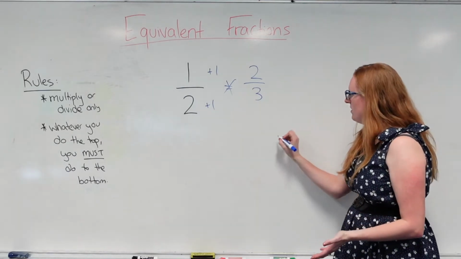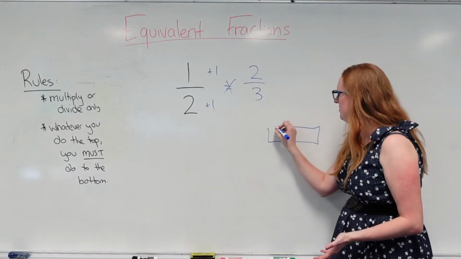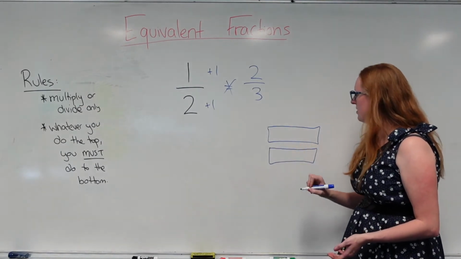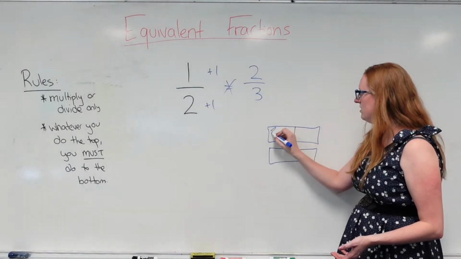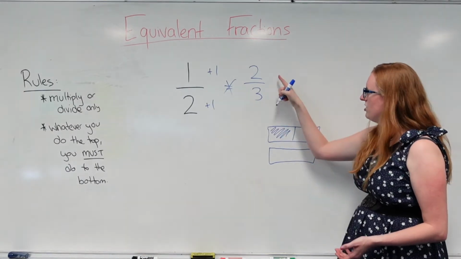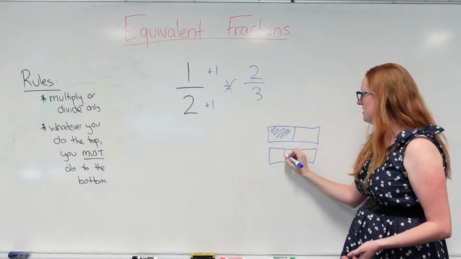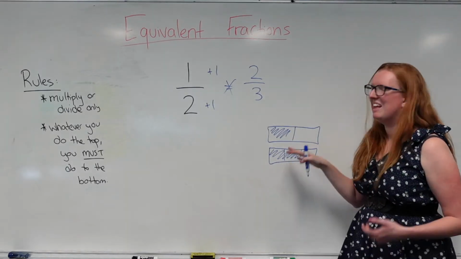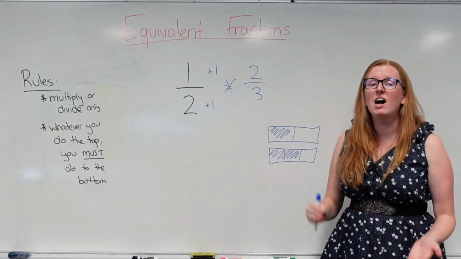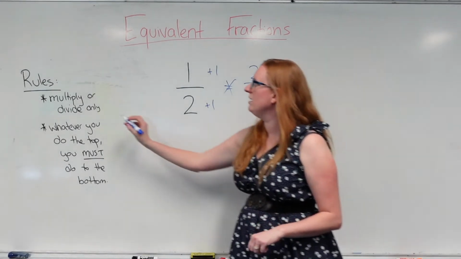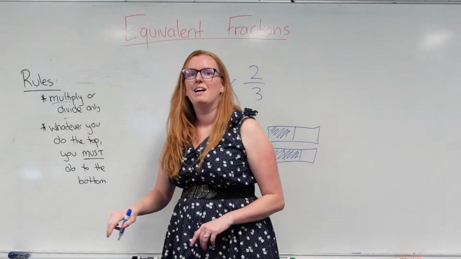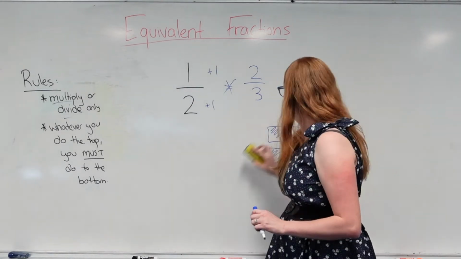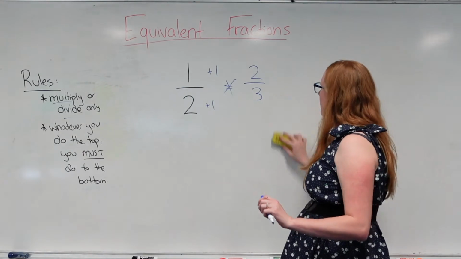So, for example, if I had a block of chocolate, and Mary has a block of chocolate, and I eat half, and then she eats 2/3, so hers is cut into 3, and she eats 2/3, 1, 2. They're not equal, okay? So you can't add and you can't subtract. You can only multiply or divide, and you have to do the same to the top and the bottom, okay? Super important. So let's try and make some equivalent fractions.